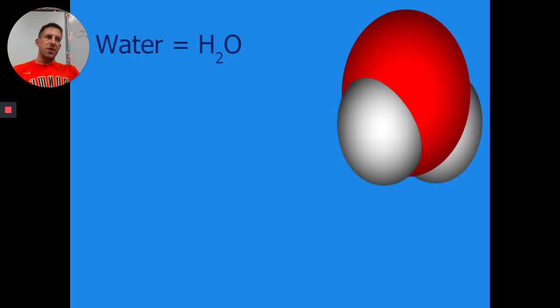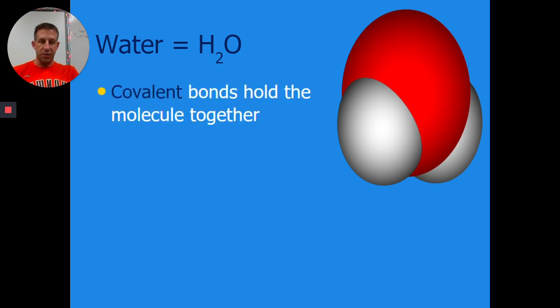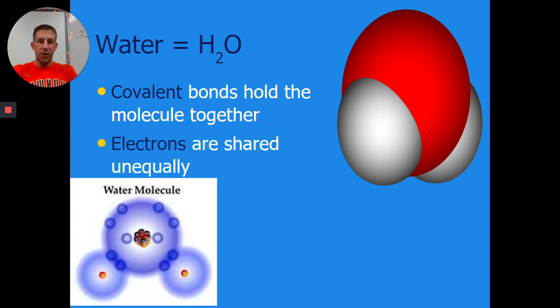Now, we are going to start to talk a little bit more about some of the chemical nature of water, because that is important to understanding how water actually interacts with life, how water can work with biological systems. Okay, so we are going to talk about the fact that water has a covalent bond, and when we talk about covalent bonds, we talk about the sharing of electrons.